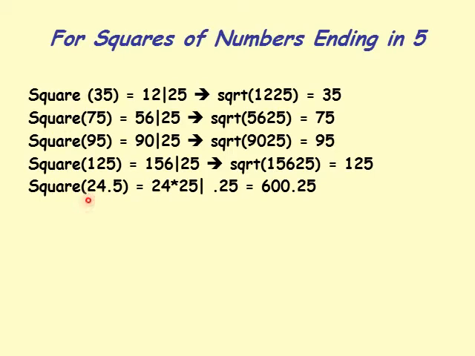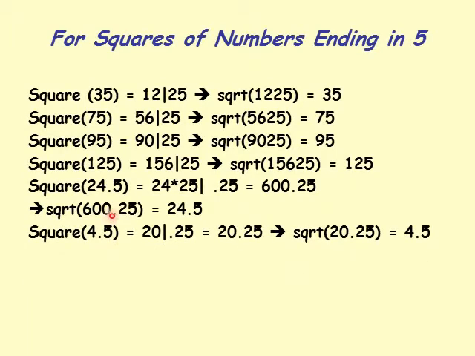The square of 24.5 is 24 times 25, and on the right is point 25, so it's 600.25. So the square root of 600.25 is 24.5.